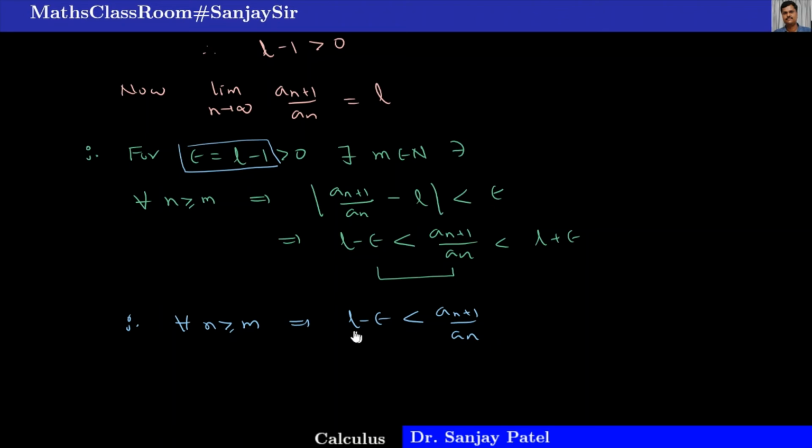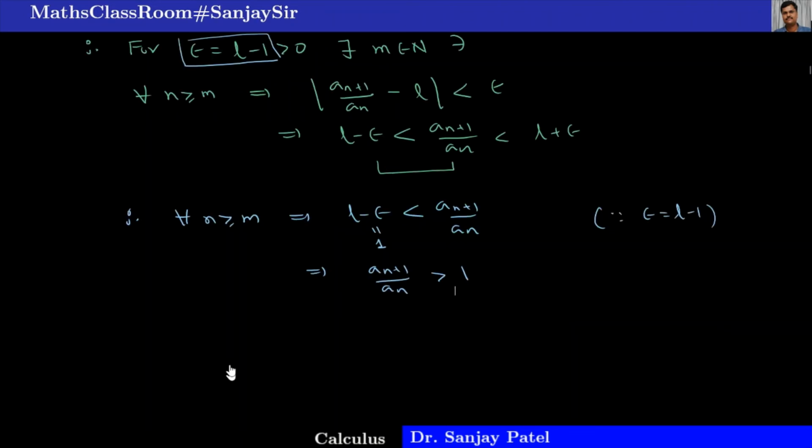So this is equal to 1, because epsilon is equal to L minus 1. And therefore L minus epsilon is 1. So that is, I can say a_{n+1}/a_n is greater than 1, for every n greater than or equal to m.